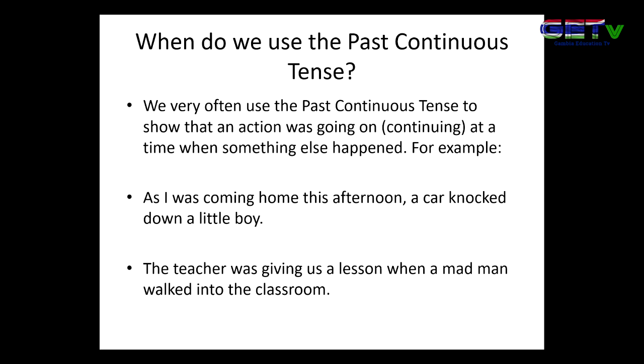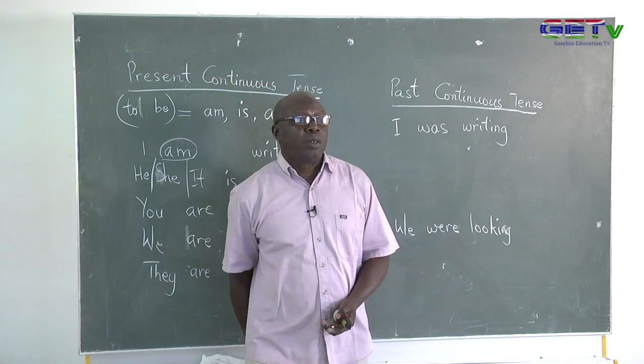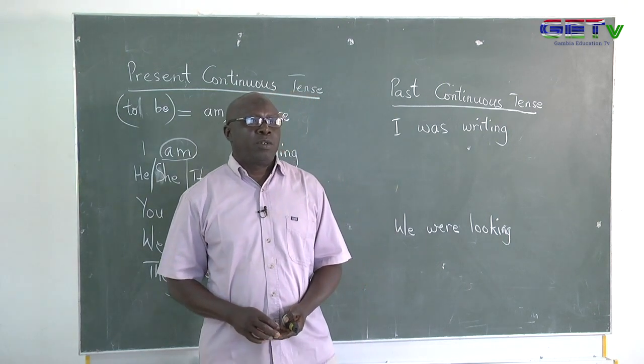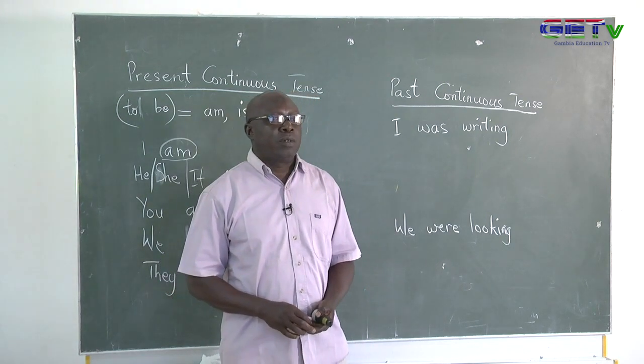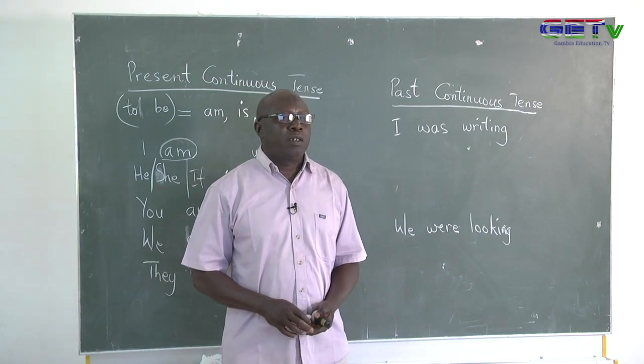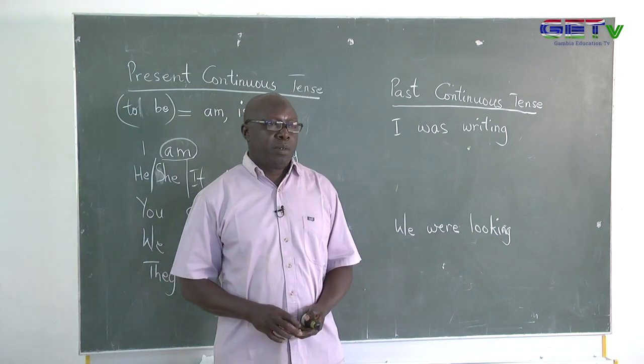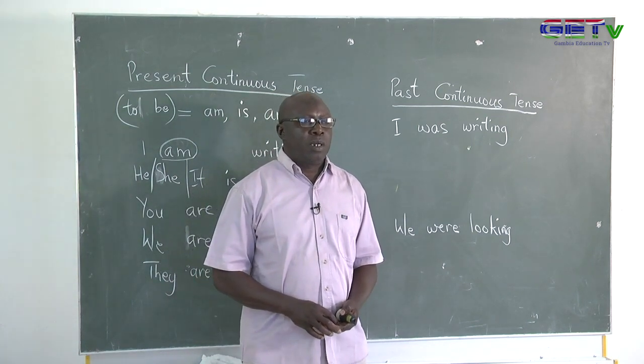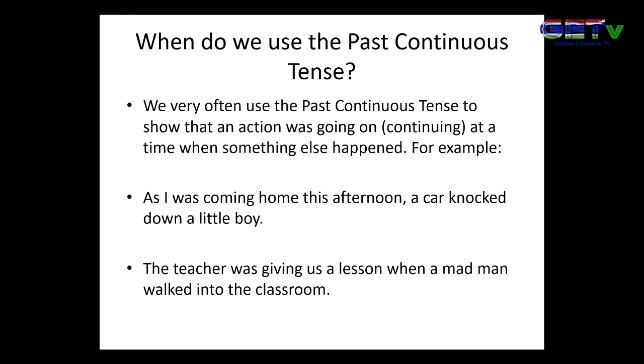Now, normally, sometimes when we use the past continuous tense, it means there was an action going on in the past, and at the same time, something else happened. We realize that the second action that happened found another action going on.